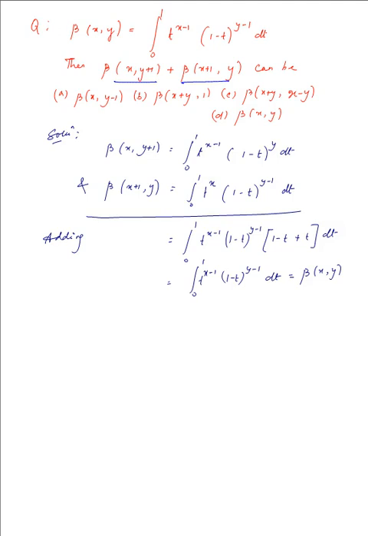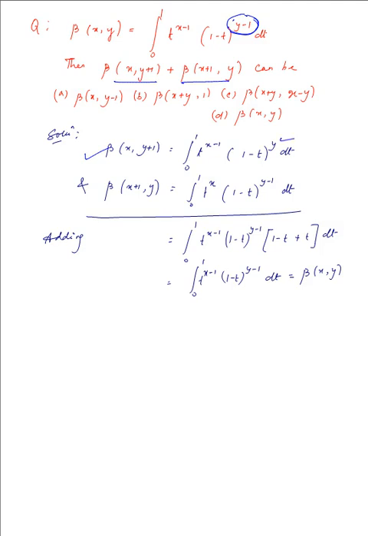If we have beta(x, y+1), so instead of just y we have y plus 1, which means the power term over here, which was y minus 1 right at the top, becomes y, which is what I have done over here.